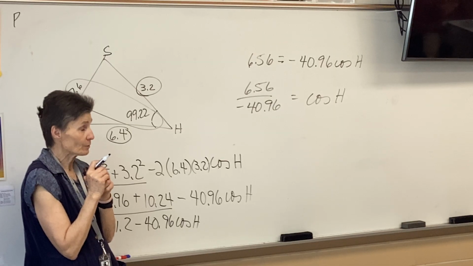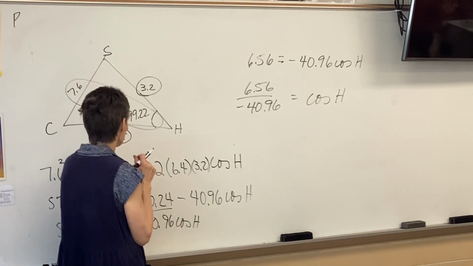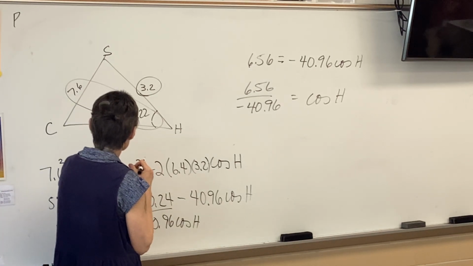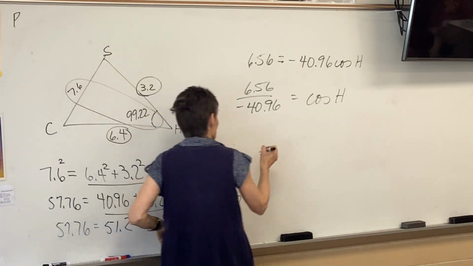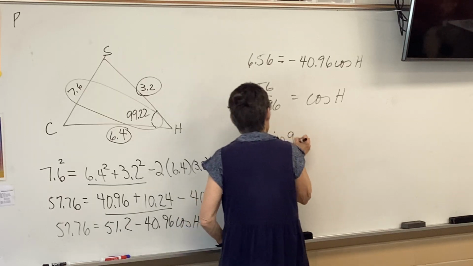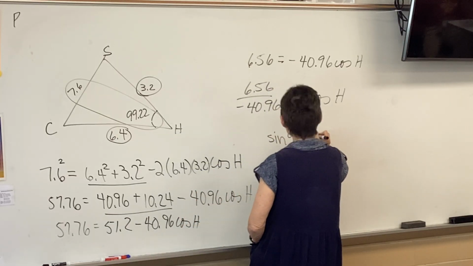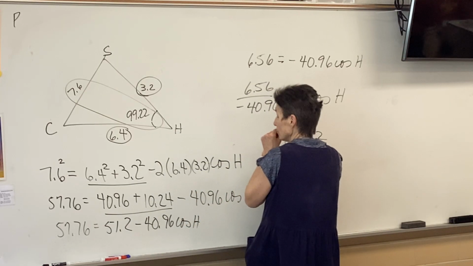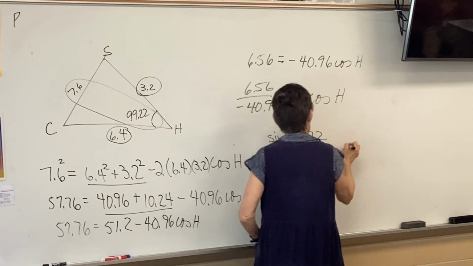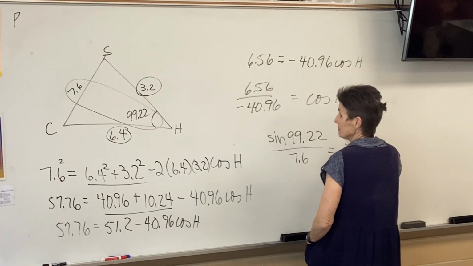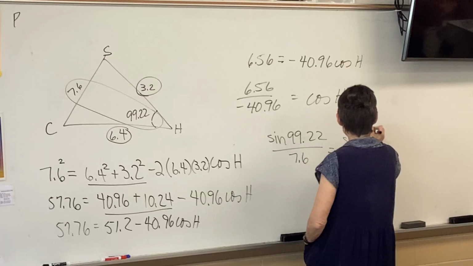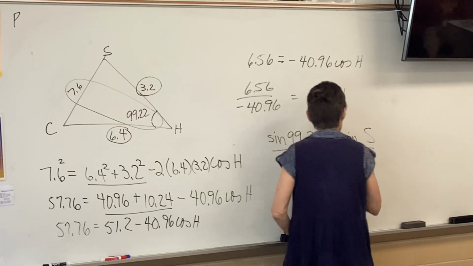You don't have to, you can stick with cosine. I'm gonna go ahead and do my law of sines. So sine 99.22 over 7.6 equals sine S over 6.4.